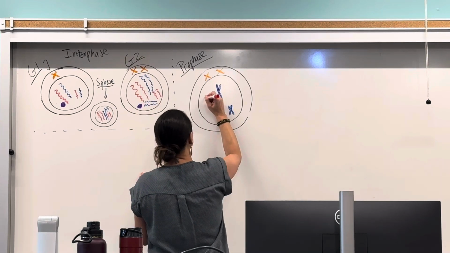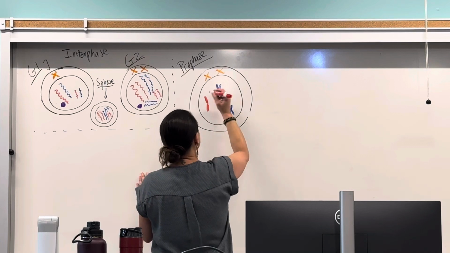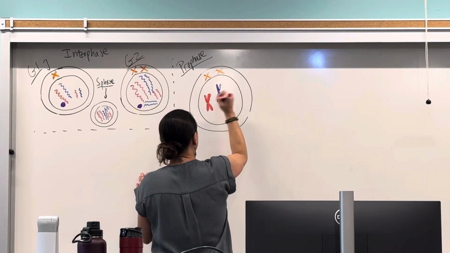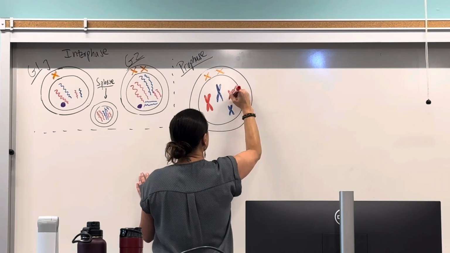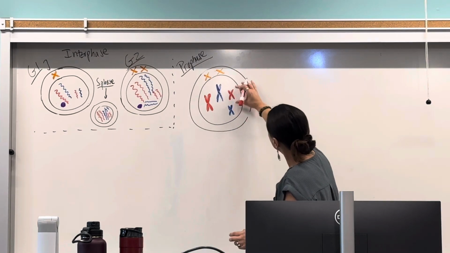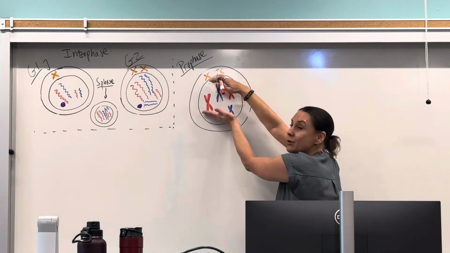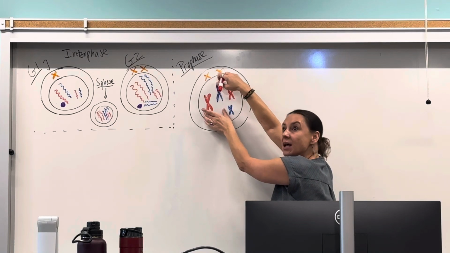These two chromatins condense into chromosome format, and also the identical ones are attached at their centromeres. These are pretty equal in size, and these are pretty equal in size. Because remember, these blue versus red are not identical, but they are very similar.